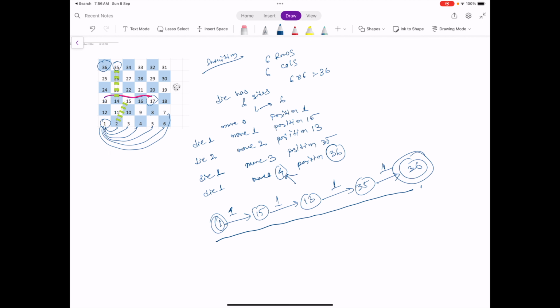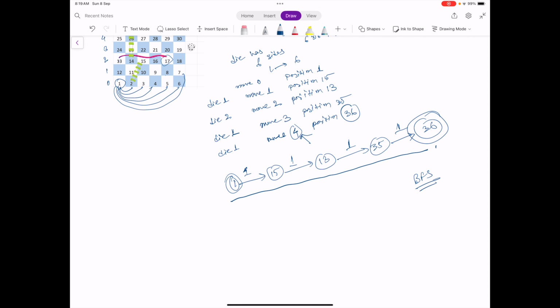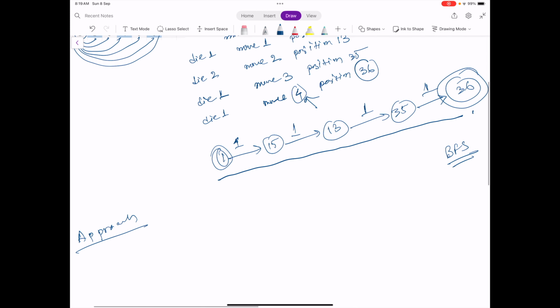So if you are moving step by step, which algorithm can we think of? You can think of BFS. Let's try to understand the approach first. First we need to maintain a queue.